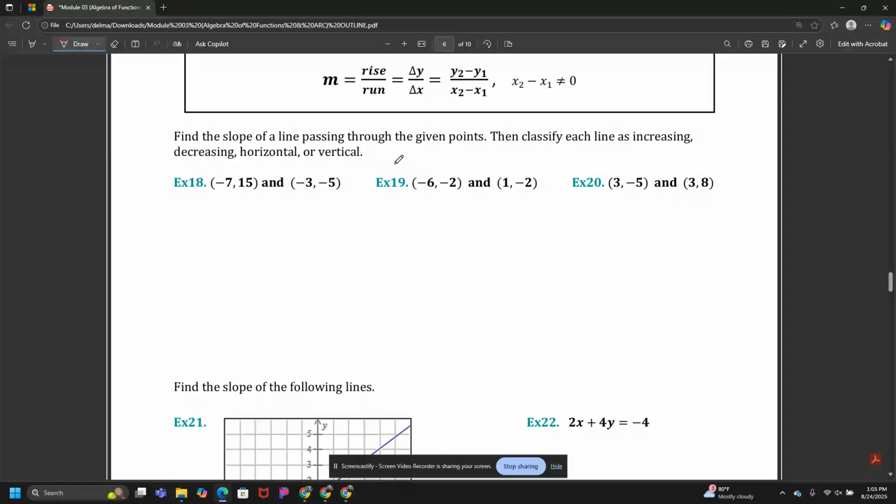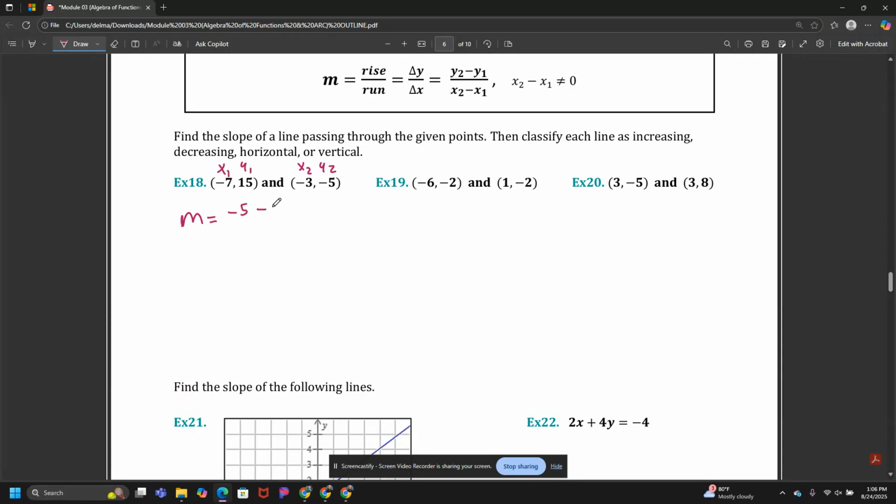Find the slope of a line passing through the given points, then classify. Each line is increasing, decreasing, horizontal, or vertical. Okay, so let's find the slope of these. This is x1. If that's x1, then this has to be y1. They have to match. If this is x2, then this is y2. We're going to plug it into our formula. Okay, so I have y2 minus y1 over x2 minus x1.